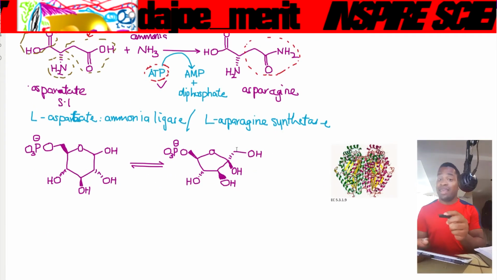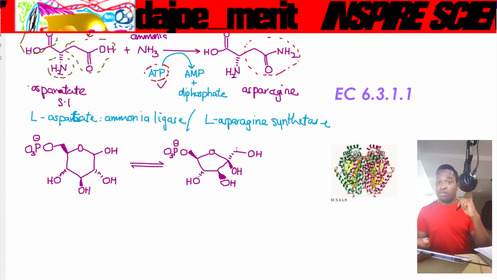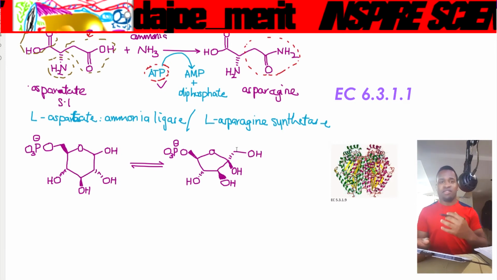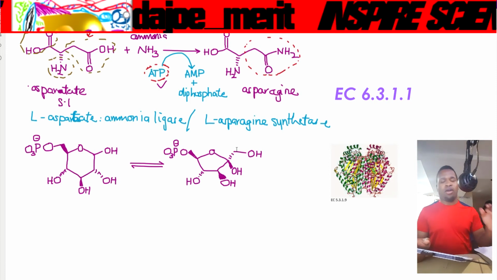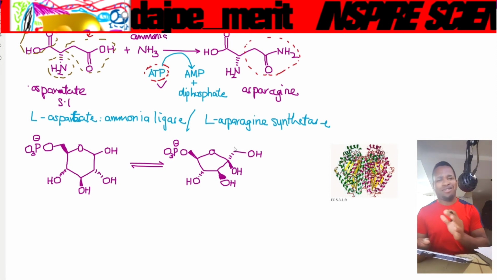So the lyase in this case is having the product name and then lyase, but for ligase it will be the product name and synthetase. So that is a little bit of a difference between lyases and ligase. Because ATP is involved, we go with the name synthetase, and the other one vice versa is the opposite. So sorry for a little bit of paranoid state of mind today, just wanted to get that out of the way.